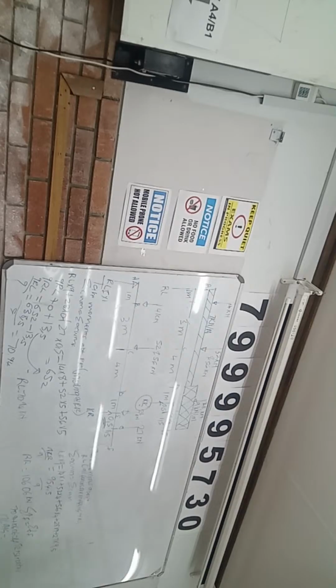And then the right hand side, you are getting 176.995, so 177. And then the other side, 177. Therefore, your upward forces are equal to your downward forces, then it's okay.